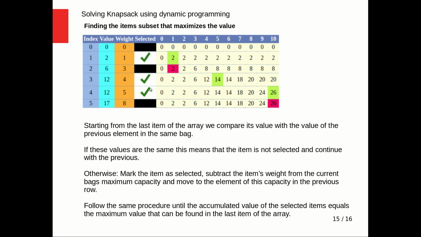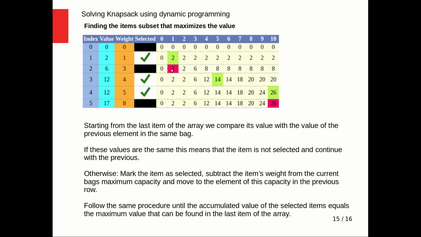And we go again in the previous row at pointer 1, meaning in the bag with capacity 1, and we find the number 2. The previous bag from 2 has the same value.